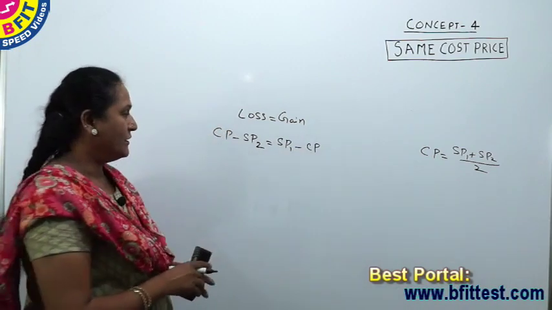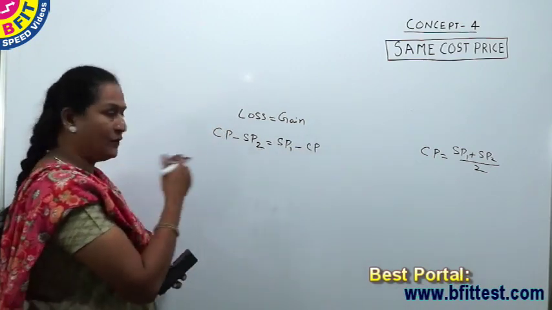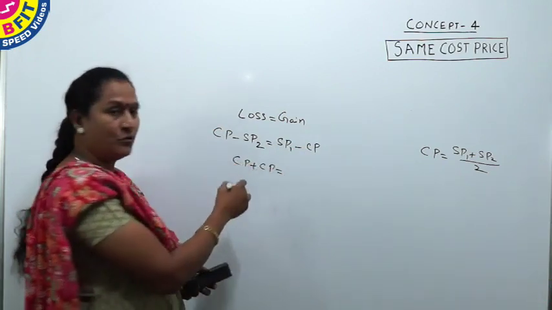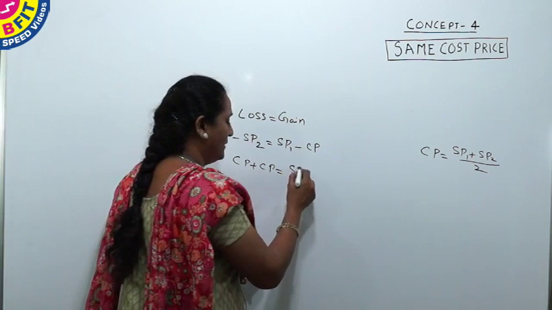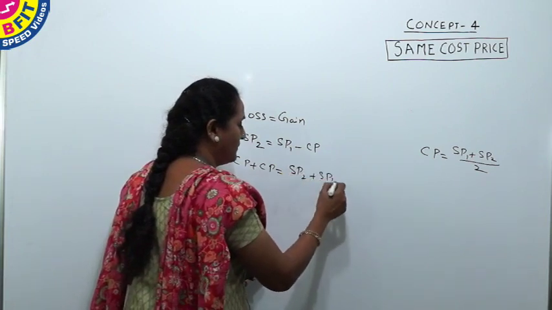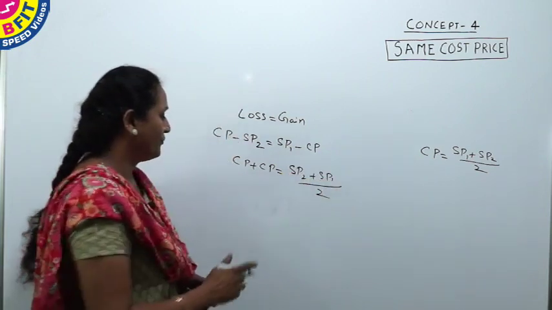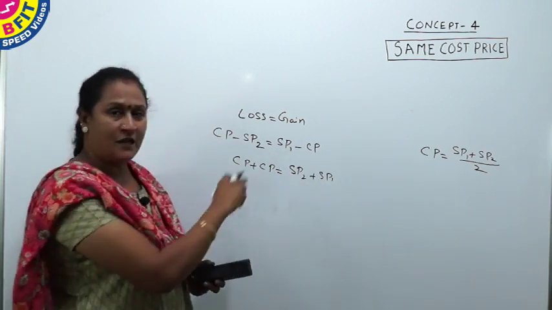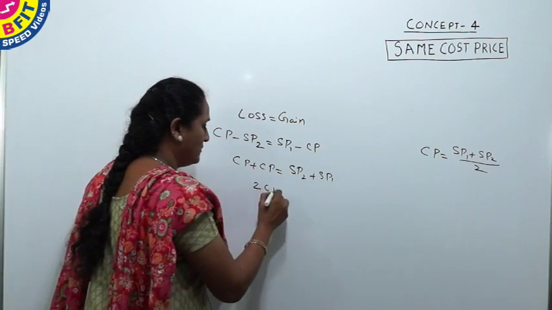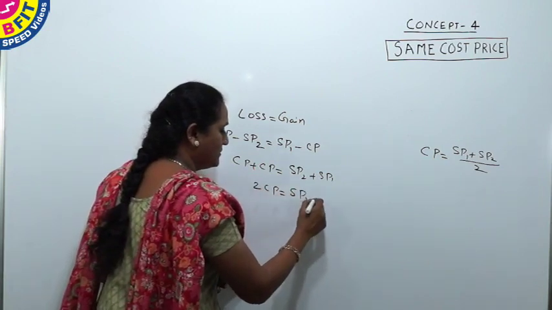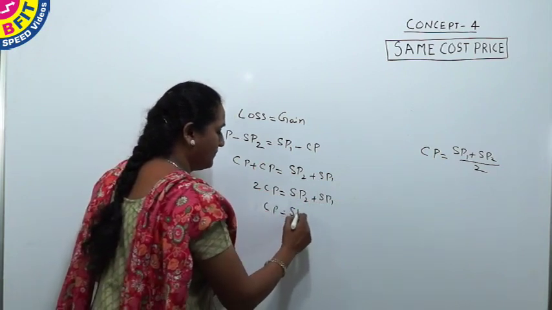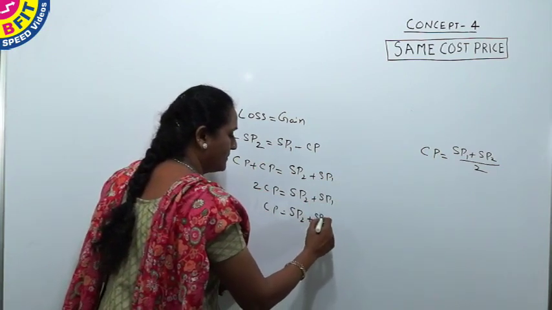Now to solve this, when you bring the cost price to the other side, you will have 2CP equals SP2 plus SP1. So CP is the sum of selling prices divided by 2.